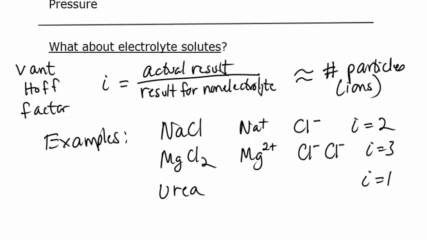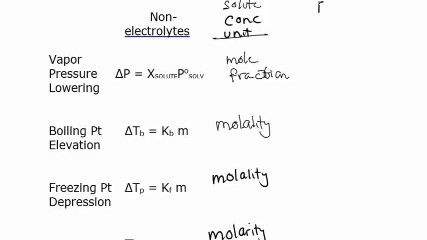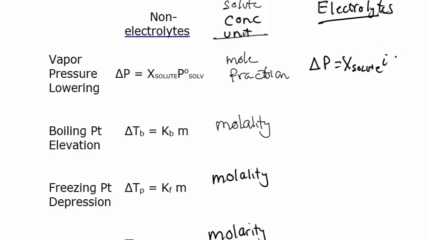So this leads us to make corrections in our 4 equations above for electrolytes. We simply put in our i. So we take the original expression, the vapor pressure lowering is equal to the chi for the solute, and we put an i in there, times i times P naught. And usually the i is written first: i times chi solute times the pure vapor pressure.